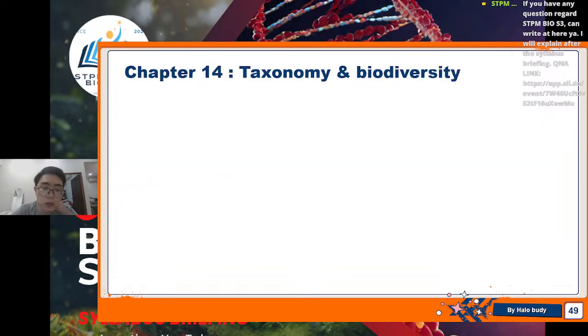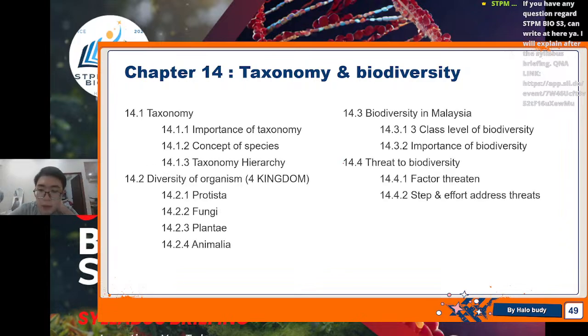Okay. So the first chapter, Chapter 14, is about taxonomy and biodiversity. There are a total of four subtopics you have to learn. Firstly, taxonomy. You already learned this term in SPM, but I think all of you have forgotten it. In simple words, taxonomy means the naming or classification of organisms.